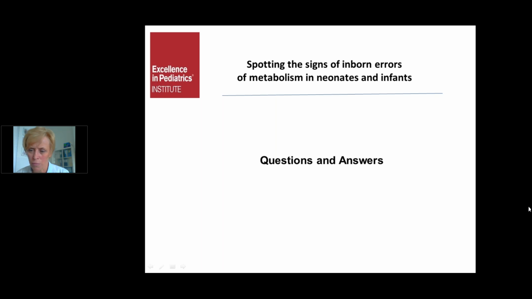There is more or less the same question about which are the minimum tests to be carried out in a newborn to screen for inborn errors of metabolism.